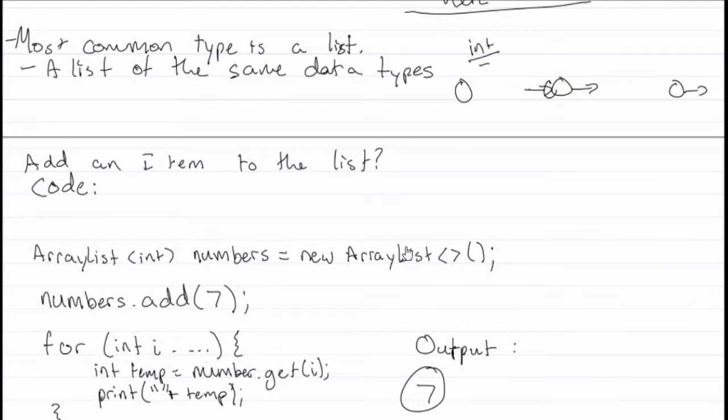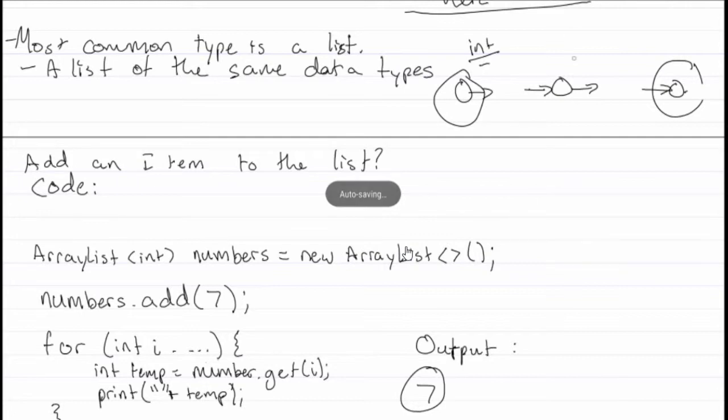This is known as the head of the list. This is the tail of the list. I'll get rid of this not to confuse you, sorry. Anything in here has something pointing to it and something that it's pointing to.